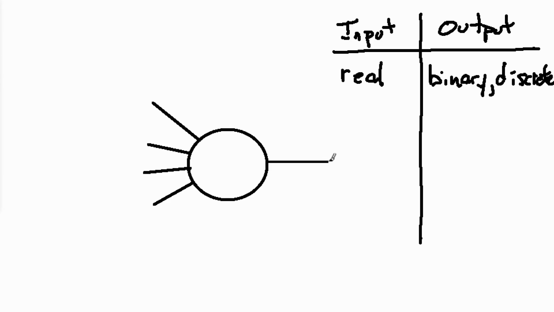In other words, in the example we had, the output over here was either the set 0 or 1.